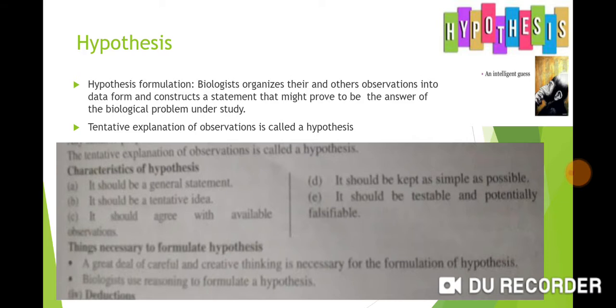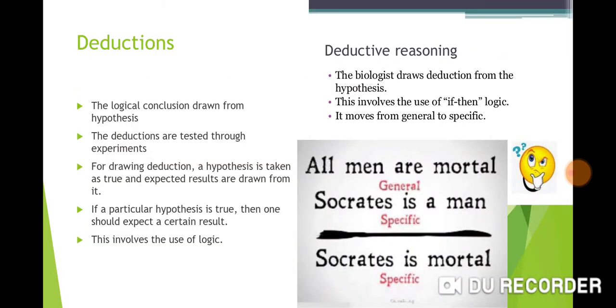So when we formulate a hypothesis, then we are using our creative technique of thinking, and we are very careful about it to give a reason to formulate a hypothesis. Deduction. So what is the logical conclusion I deduced from this test or the hypothesis?